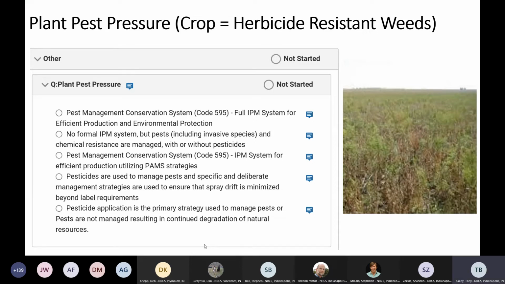We only have so many chemistries available. We want to make sure we're rotating those chemistries. Want to make sure we're not using the same thing over and over again. A number of years ago now, 20 plus years ago, we came in with Roundup Ready soybeans. Great opportunity, great thing. And my next concern with that is when we came in with Roundup Ready corn.